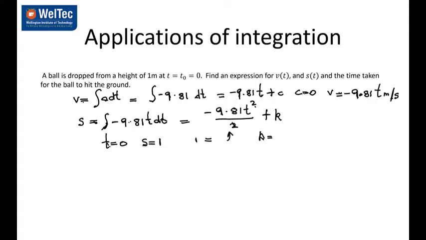That means our distance function is s equals 1 minus 9.8 t squared over 2.